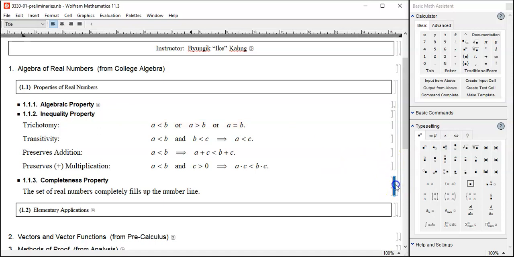The answer is yes, and that requires another property or another axiom. For example, the set of rational numbers also satisfies this trichotomy, so the set of rational numbers can be placed on a line. The set of integers also can be placed on a line. But then again, they do not completely fill up the number line.